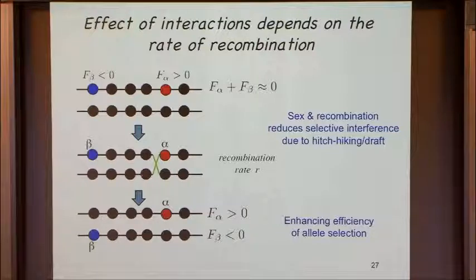Because a recombination event will set these two alleles asunder, and now all the deleterious effects of our allele beta will be seen by natural selection, and recombination therefore will increase, if you like, the effectiveness of natural selection acting on individual alleles.